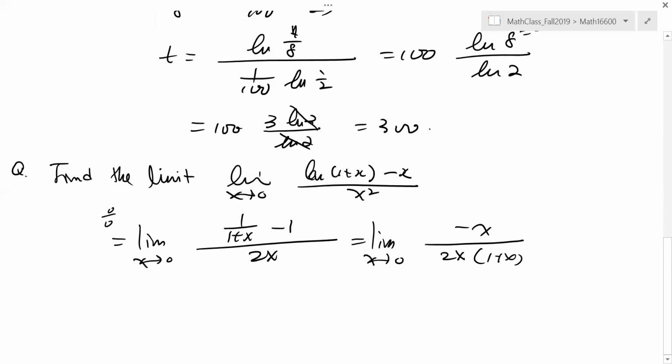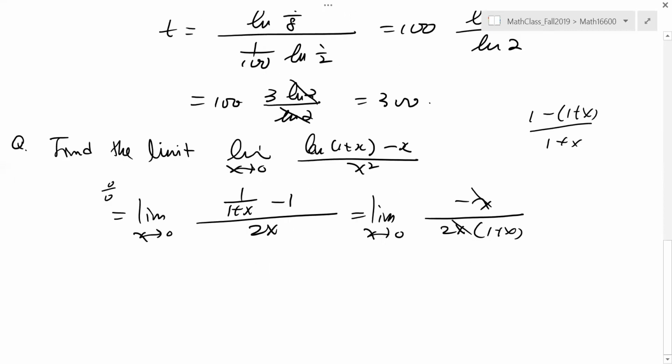Combine the numerator, you will get 1 minus 1 plus x, so you get negative x over there. But this x cancels out. So you get negative 2 over 1 plus x. And then you shouldn't use L'Hopital's rule here. You stop here because it's not a 0 over 0 type. So that's going to be negative 1/2.